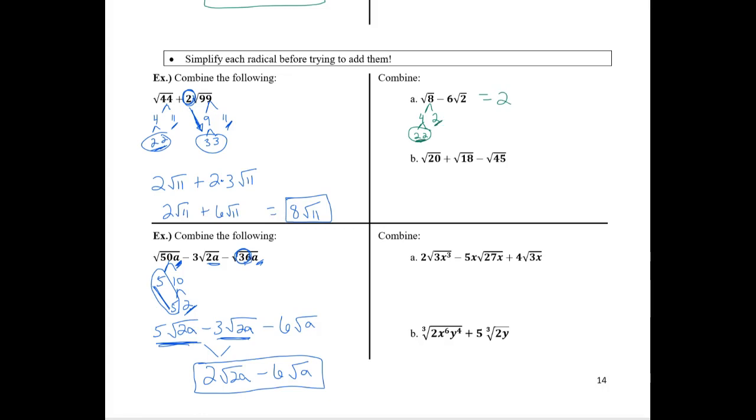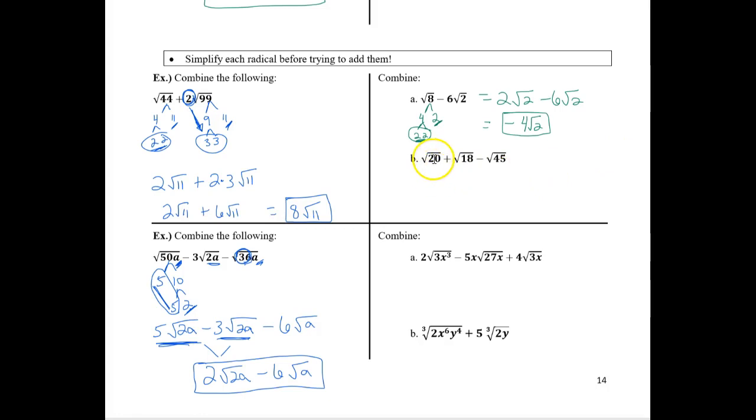There's still a 2 underneath the radical. And I can't do anything with the negative 6 square root of 2. So now they're like. 2 square root of 2 minus 6 square root of 2 is negative 4 square root of 2. Right? 2 minus 6 is negative 4. And the square root stays the same.